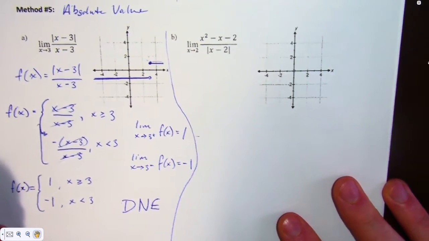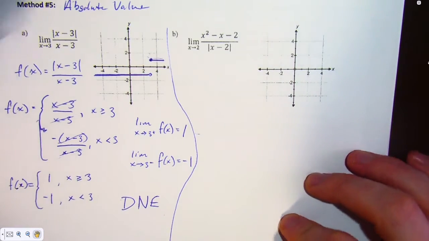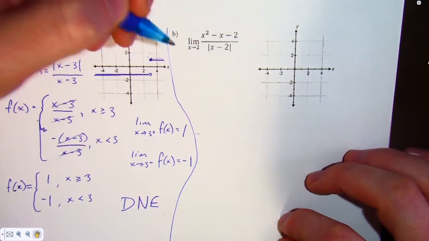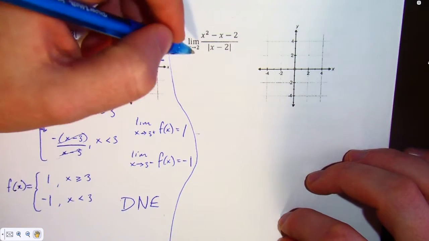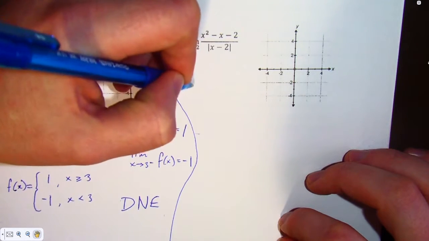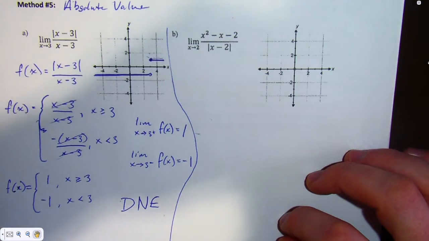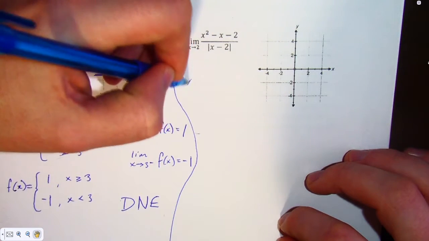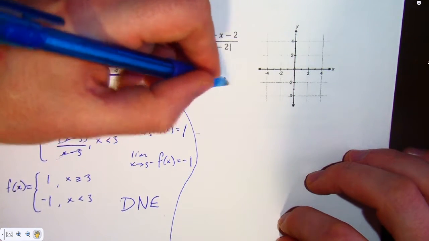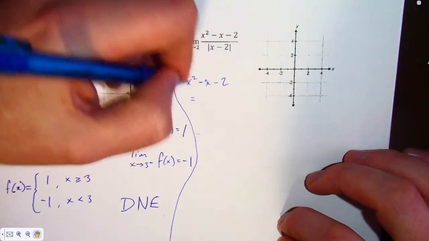So let's just do the last one. The last one's the exact same thing. It works exactly the same. It's just a bit more of a difficult function to deal with here. Actually, before I start, I'm just going to factor this right now, just so that we can deal with it already factored.